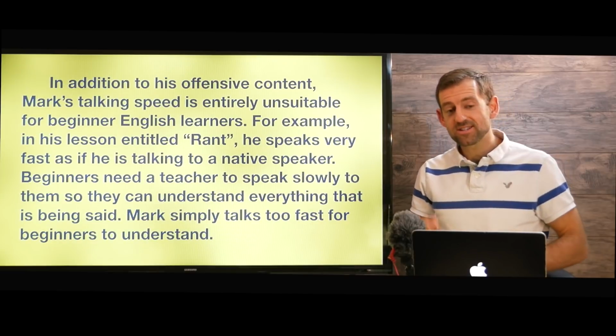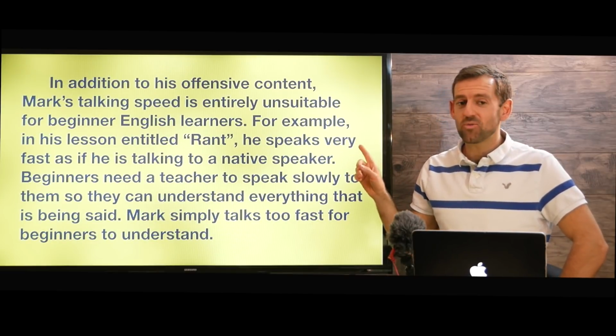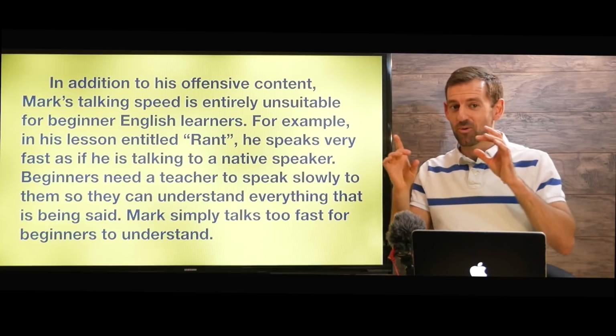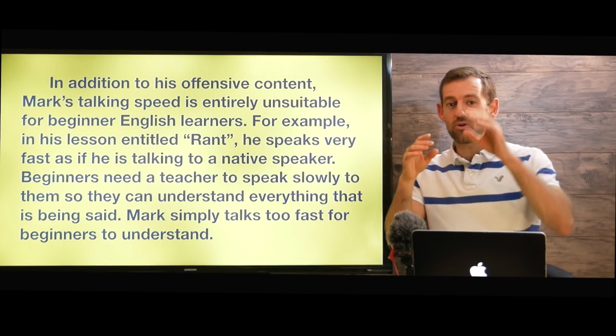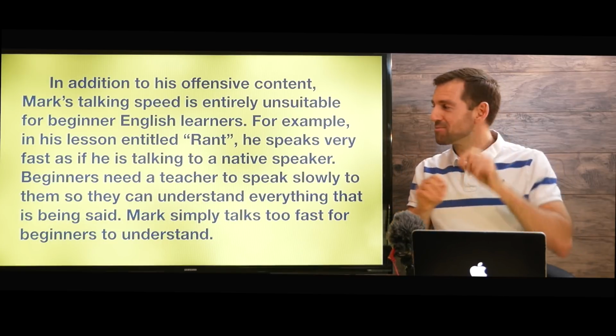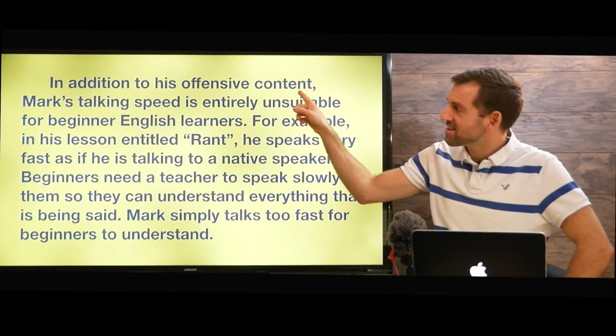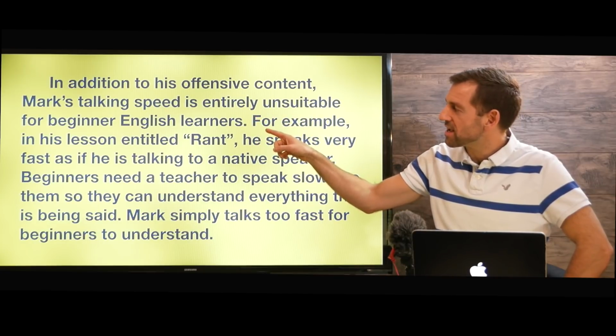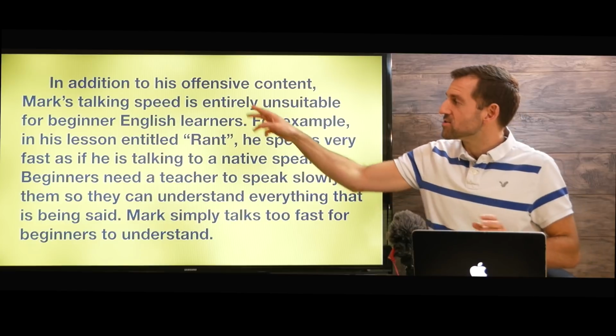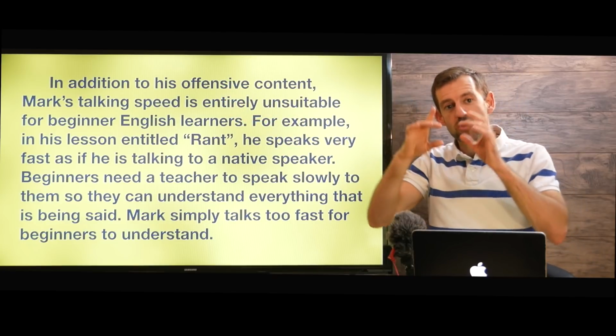Now we have our second point. Remember, here we need a transition word or some transition phrases to go from the first point to the second point, okay? So, in addition to his offensive content, Mark's talking speed is entirely unsuitable for beginner English learners. So here we have our transition.